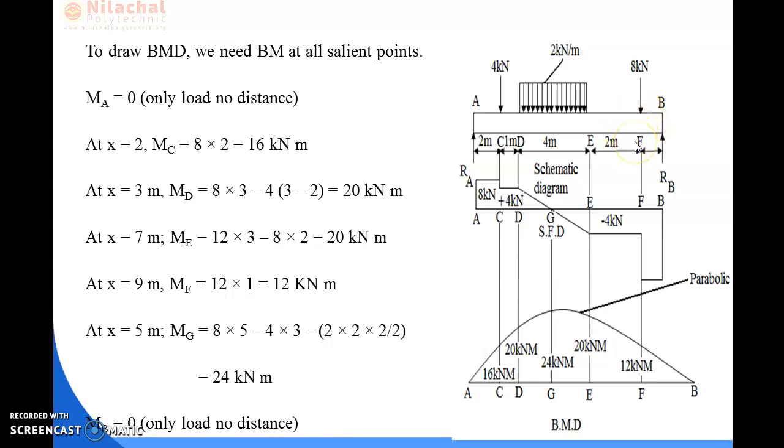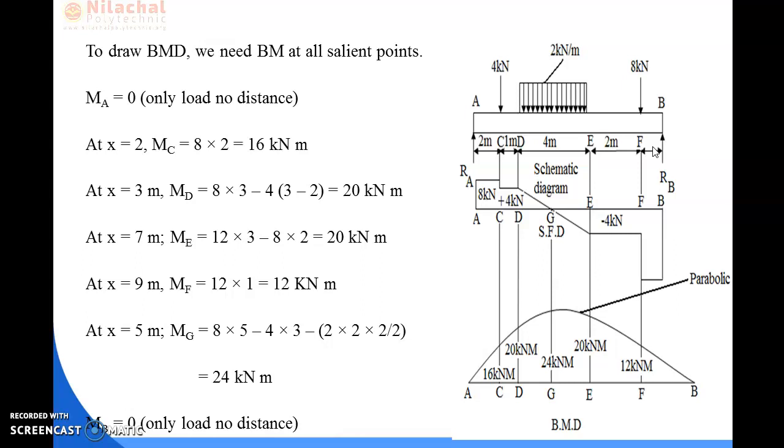So at point F, I told you we need to consider the right side of the section because it has fewer loading conditions. Here one load is there, which is the reaction at point B, that is RB. The distance from this reaction to point F is 1 meter. So the bending moment at point F is load into distance, that is RB into distance, where the RB value is 12.